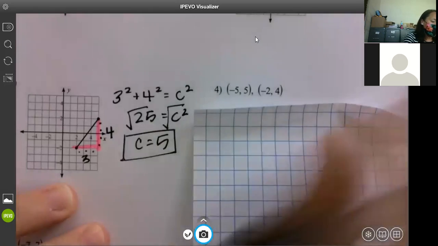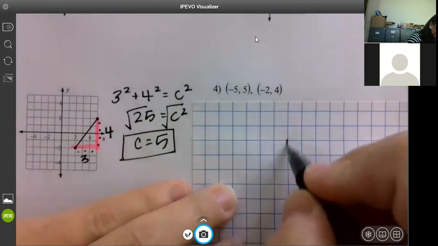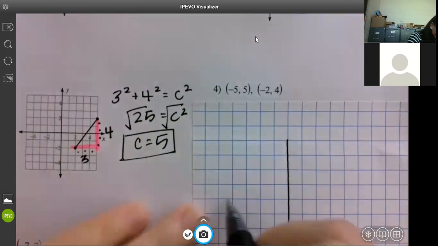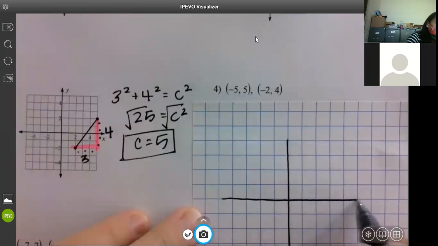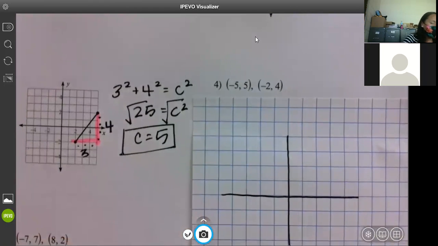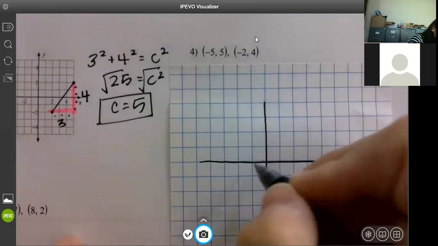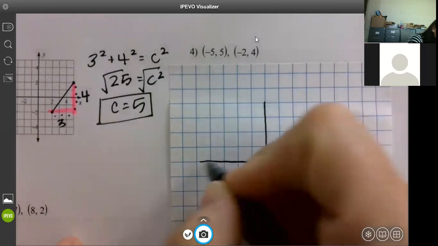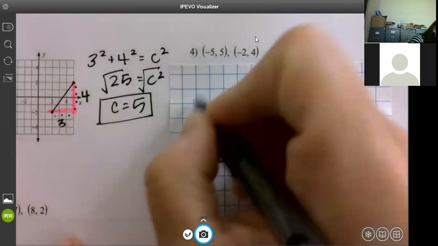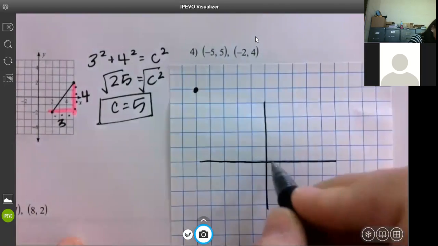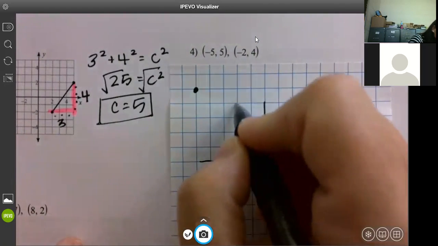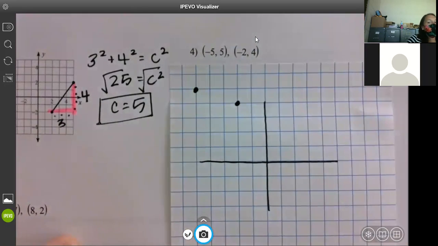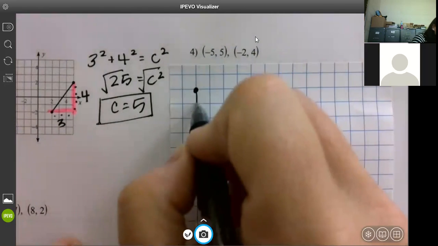I have some graph paper for this one. All right, negative 5, 5, 1, 2, 3, 4, 5, 1, 2, 3, 4, 5. And negative 2, 1, 2, 3, 4.